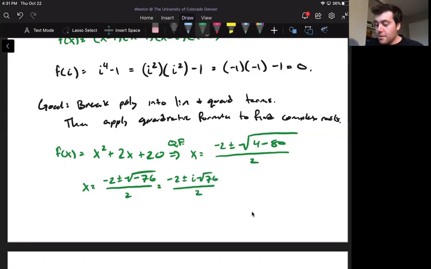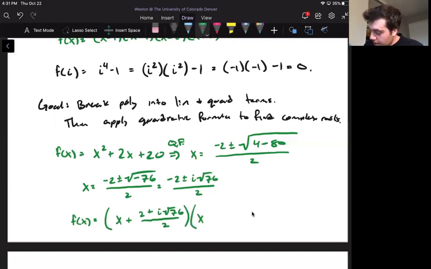And that then allows us to see that our polynomial f of x factors into linear terms as x plus 2 plus i root 76 over 2, times x plus 2 minus i root 76 over 2.